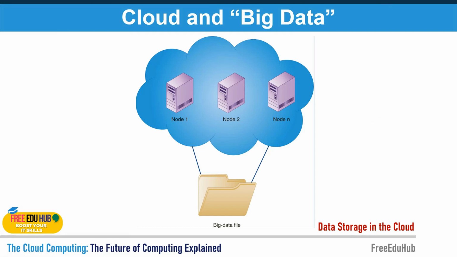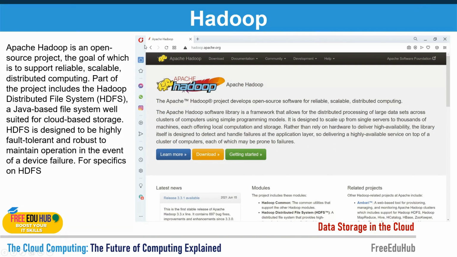Now we are talking about big data, and in big data they are talking about how we store big data files or databases. We must distribute smaller pieces of the file across multiple computers in the cloud. That's how it's maintained. Hadoop is one of the biggest examples that we have out there. It's an open source project, the goal of which is to support reliable, scalable, distributed computing.